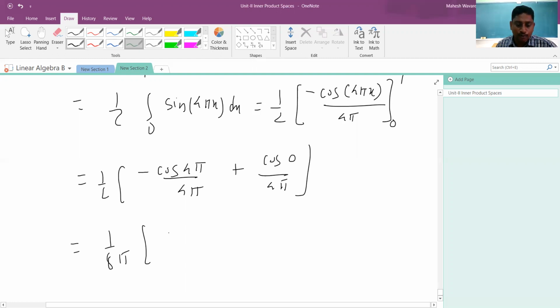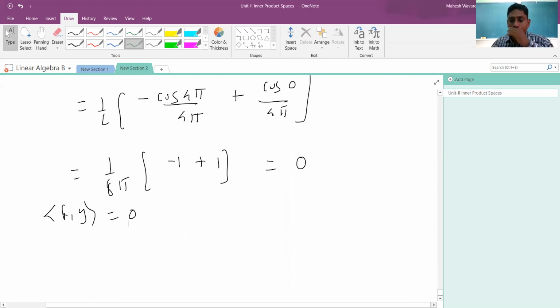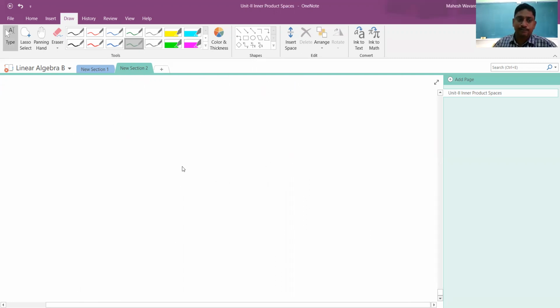Cos of 4 pi is 1 and cos of 0 is 1, so it should be 0. So the inner product of f and g given is 0. Similarly, you can calculate the other part also. What is the B part?